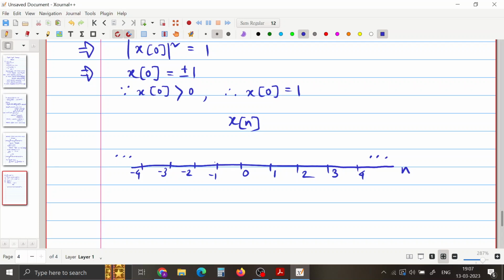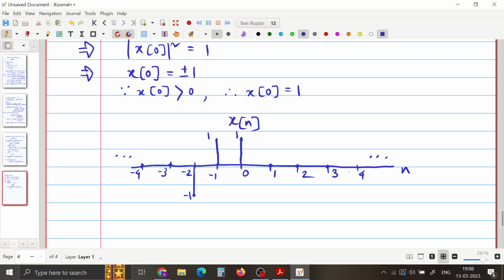So we had this here as 1, at -2 we had -1, other terms we had 0, and now x of 0 we got finally as 1. This is also 1, and for positive n, x of n is 0.